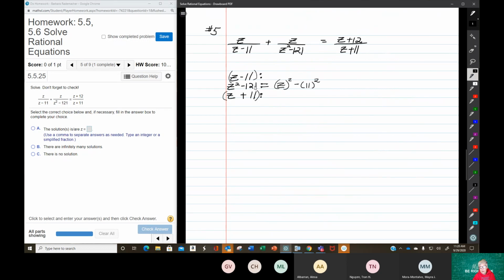Quite honestly, if I saw z squared minus a number, I would try to take the principal square root of it, go square root of 121, and just check it out.